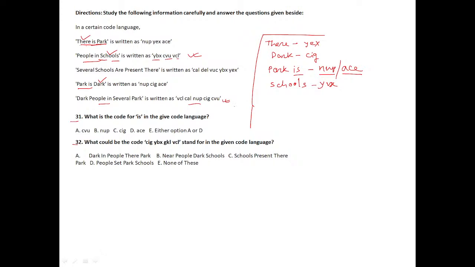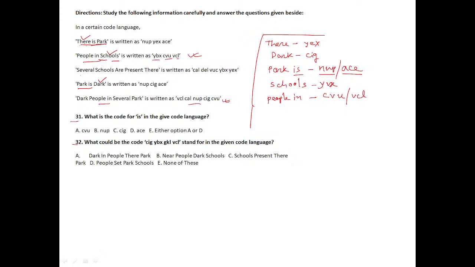Okay, so now pupil in. So pupil in, again we will take the possible case here. So what is for pupil in? This is CVU, and pupil in CVU and VCL, right? Any of these two words, pupil and in, can take either of these two codes. Okay, now moving to next. Several schools are present there.